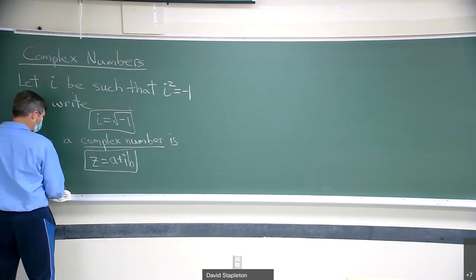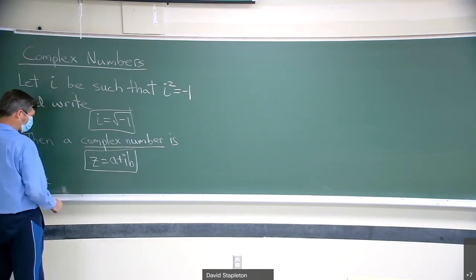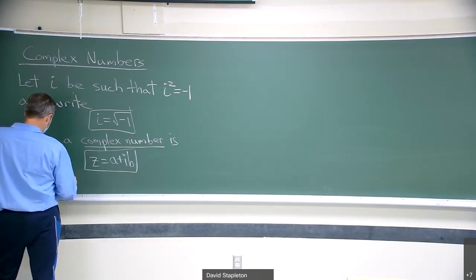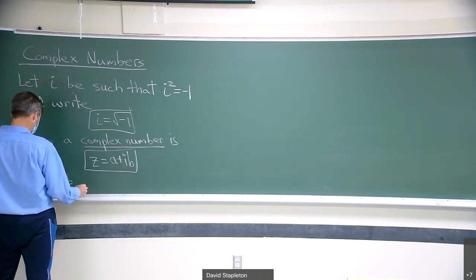What are real numbers? They're all the numbers you come to know and love that can be written in decimal form, right? So if you write in decimal form, it's a real number. And if you take a real number plus I times another real number, we call that a complex number.